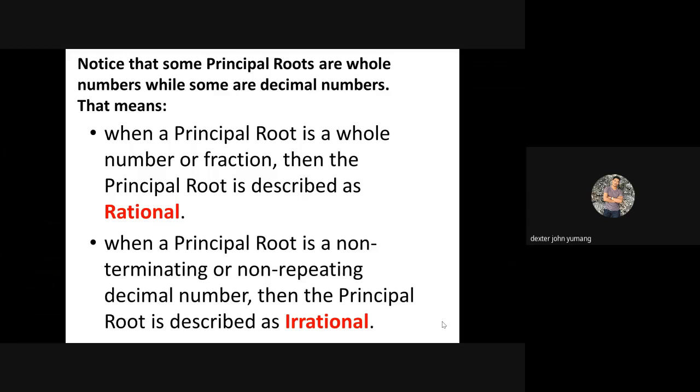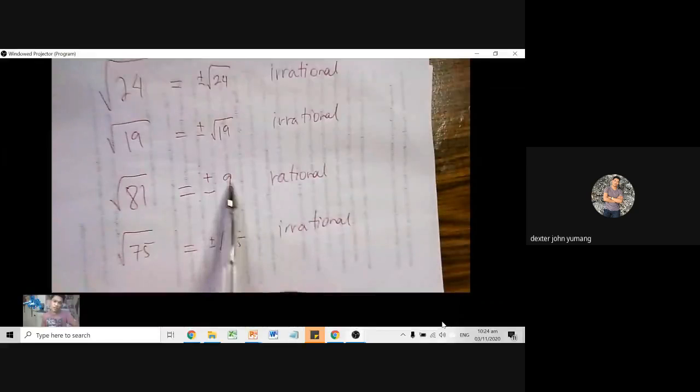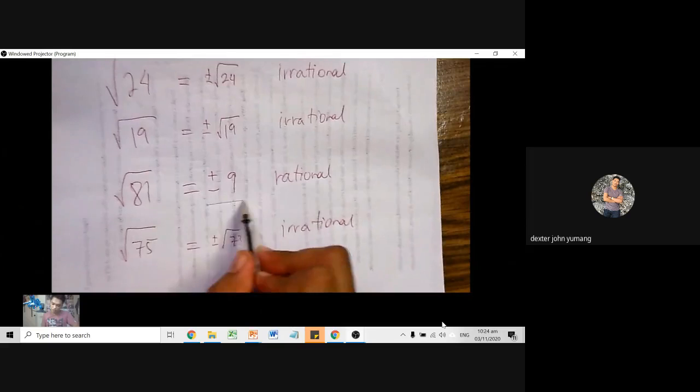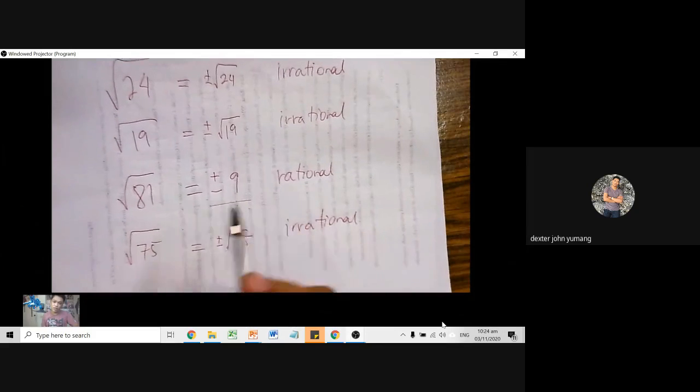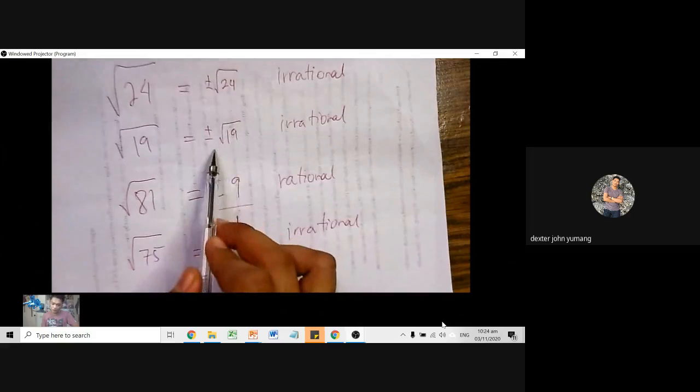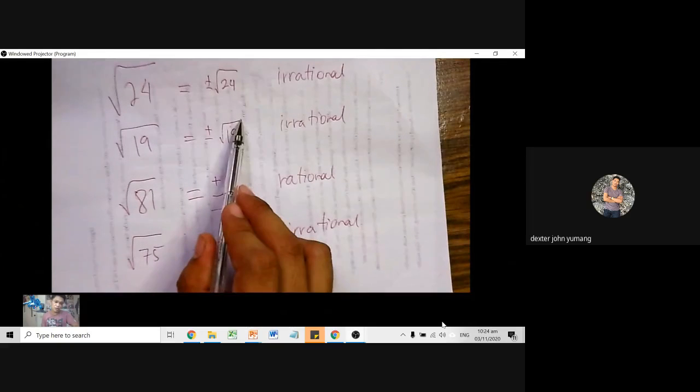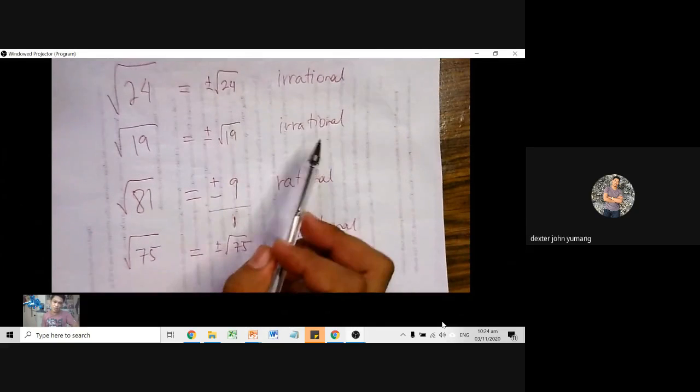Tulad nitong 9, meron siyang invisible 1, right? So, that is rational. Pero pag hindi siya, tulad nito, square root of 19, wala talaga siyang makita sa multiplication table. So, that is irrational. Okay, next.